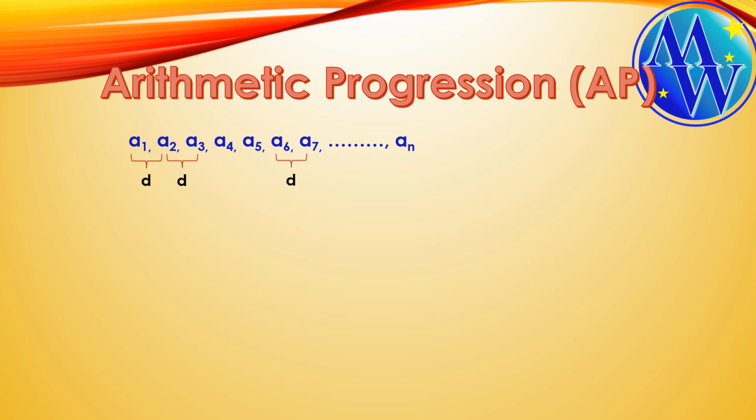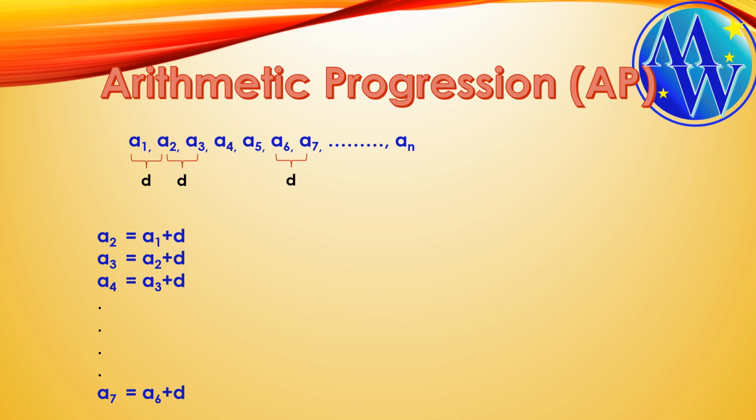So we can represent all the terms in terms of d. Means we can represent a2 as a1 plus d, right? a3 equals a2 plus d, a4 equals a3 plus d, and so on, and a7 equals a6 plus d.